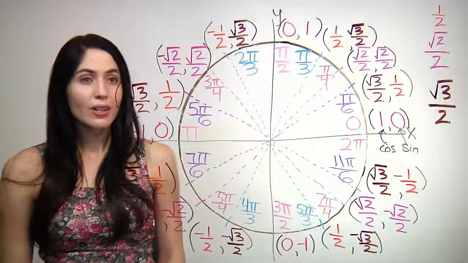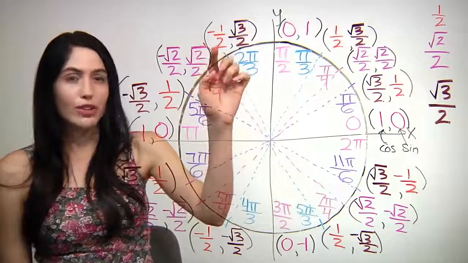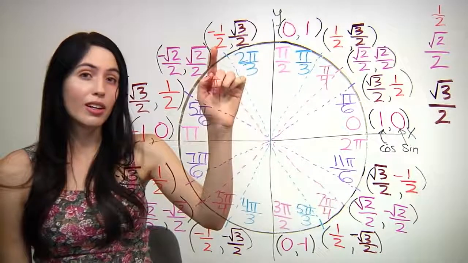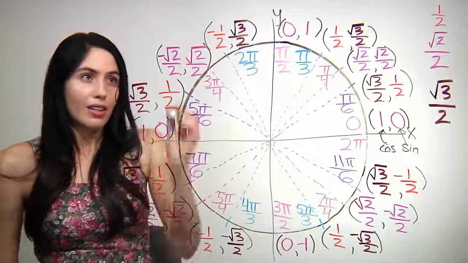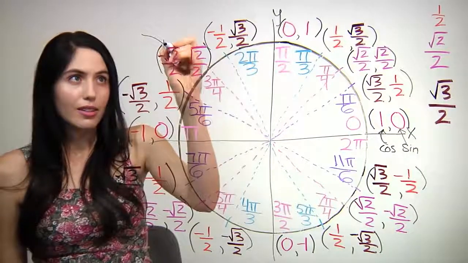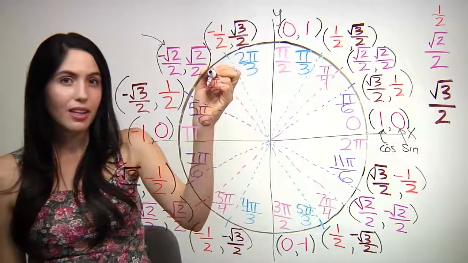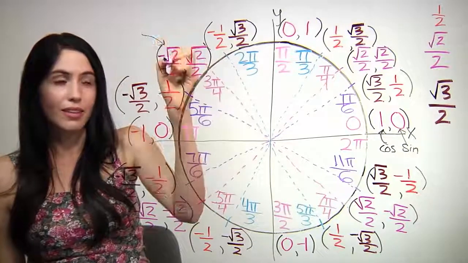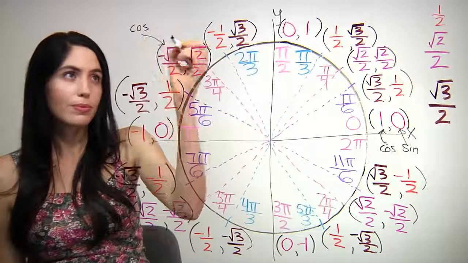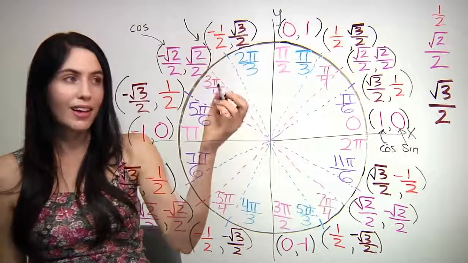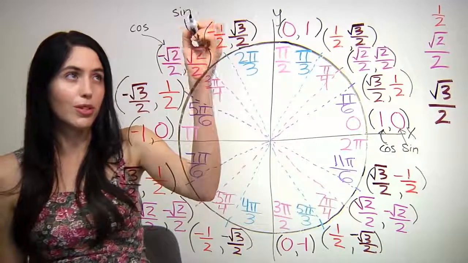So I just want to remind you, for all of these points, for all of these angles, the first number in the point is the cosine value, and the second number is the sine. So here, for 3 pi over 4, the cosine is negative root 2 over 2, and the sine of 3 pi over 4 is root 2 over 2.